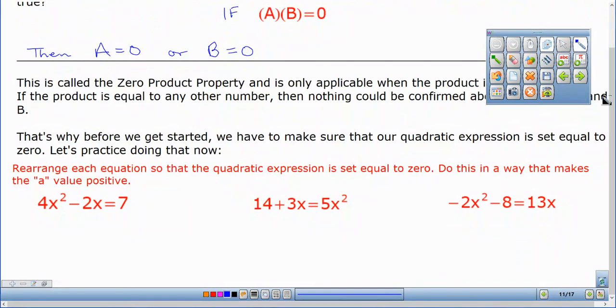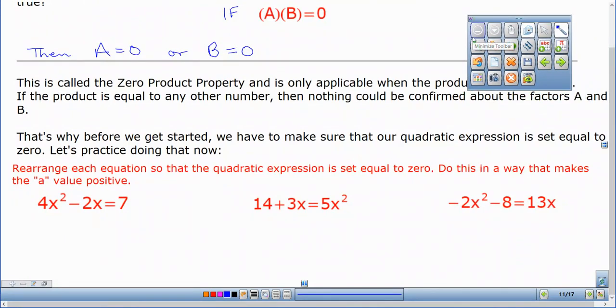Now, the only way that that's going to be helpful to us is if we have our equation set equal to 0. So what we're going to do with these three equations is rearrange each equation so that the quadratic expression is set equal to 0. And we're going to do this in a way that makes the A value of the quadratic expression positive.